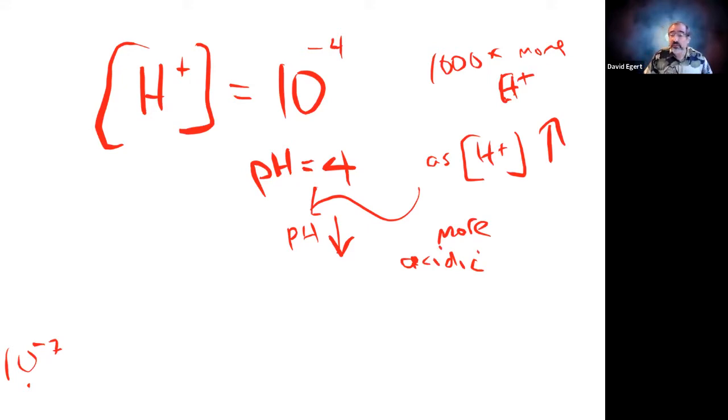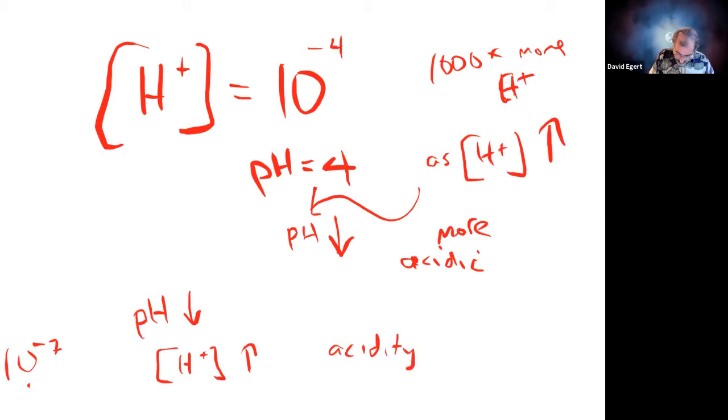People get confused. Even up to the very end of the class, people miss questions on this. And it can be confusing. You really need to keep these numbers straight. Again, pH goes down when hydrogen ion goes up, as acidity is going up.